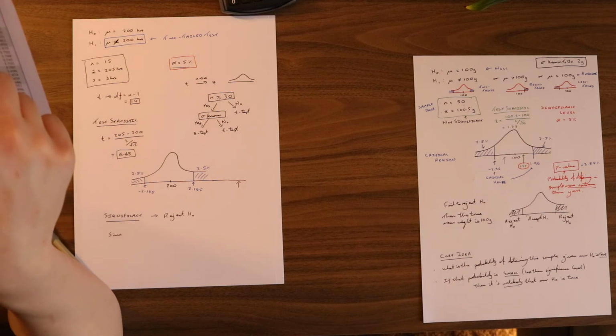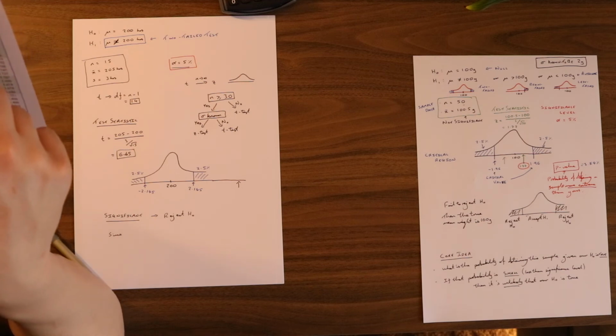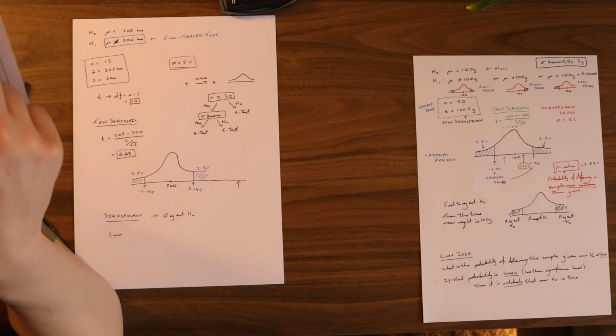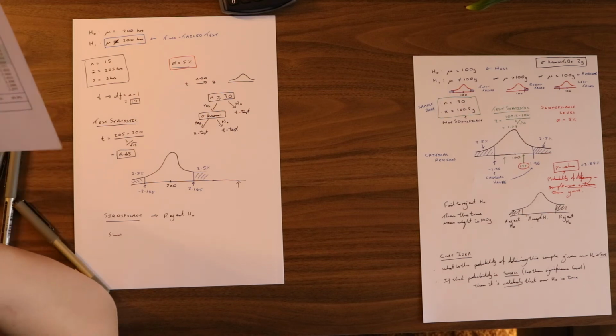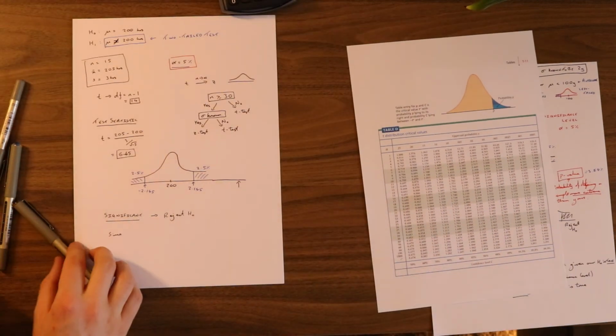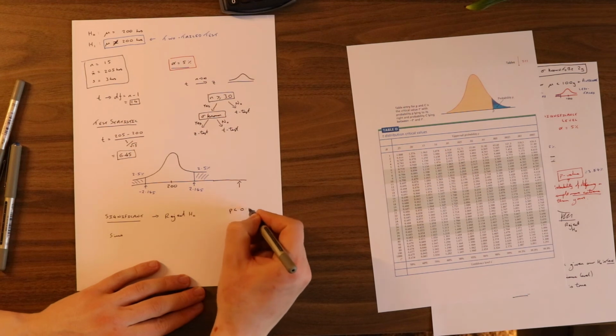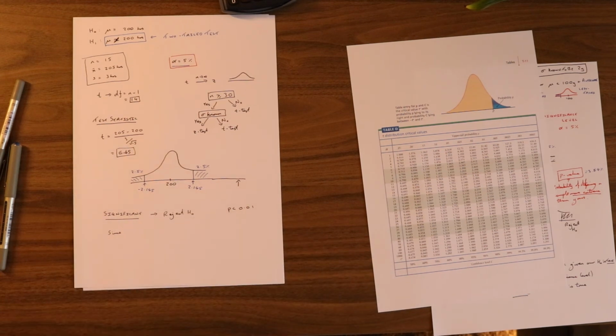So it's going to be somewhere probably about 0.005, so something a little bit beyond that. So it's probably going to be, for 14, well below 1%. So the p-value is going to be much less than 0.01. It's going to be less than 1%.